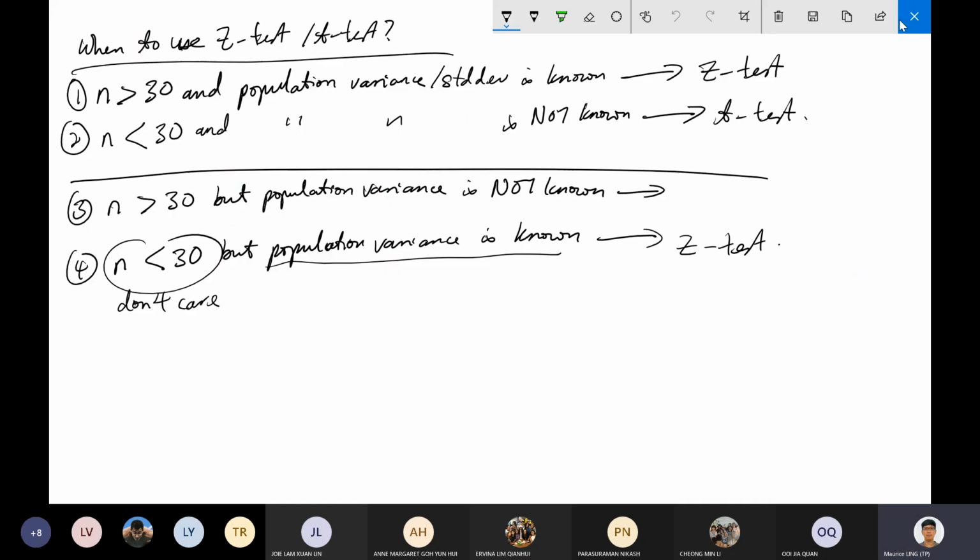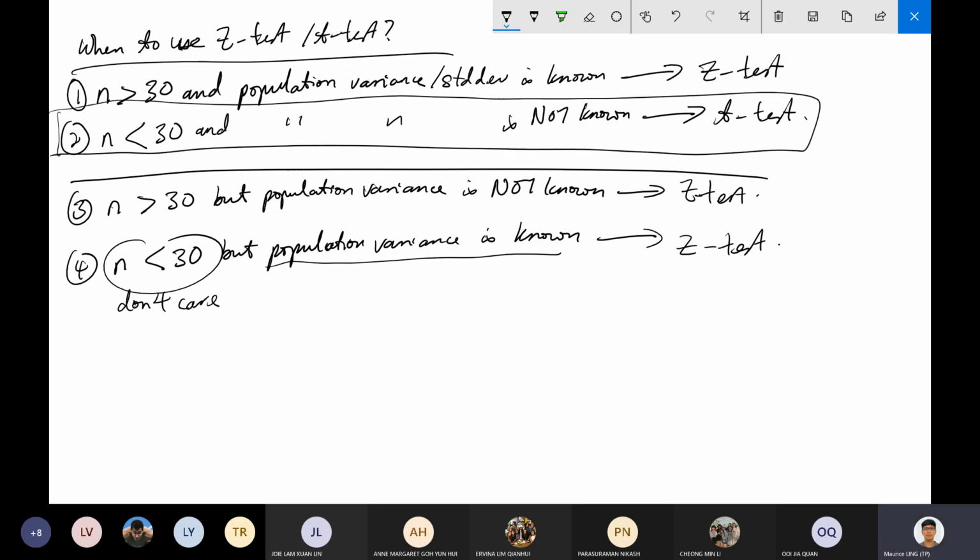So in this case, this is also z-test. So in other words, you only use t-test for one of the four conditions.